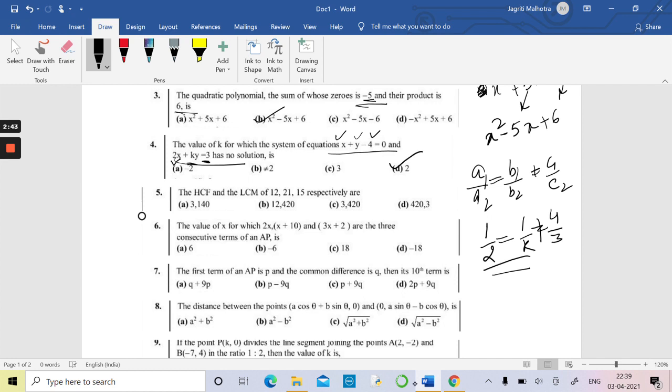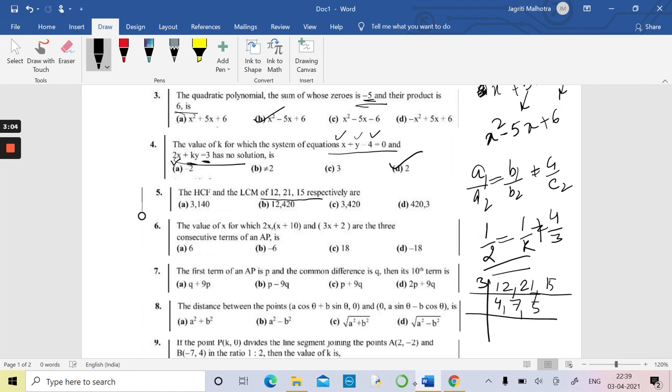The HCF and LCM of these respectively are. Let's start with the HCF LCM portion. We have to find the HCF and LCM of 12, 21, 15. So let me tell you a trick. We know that the lowest number that divides all these 3 is 3, right? So let us write 3 here, 4 here, 7 here, and 5.